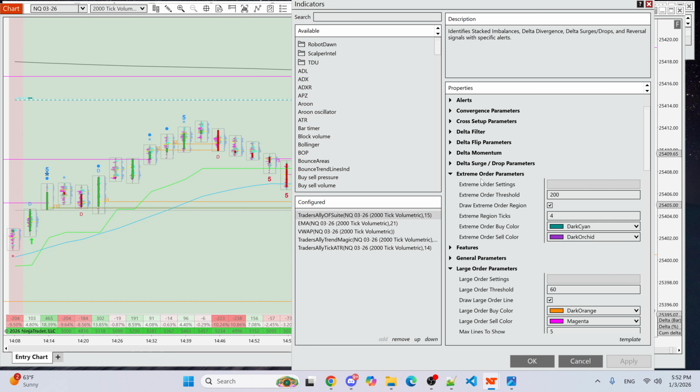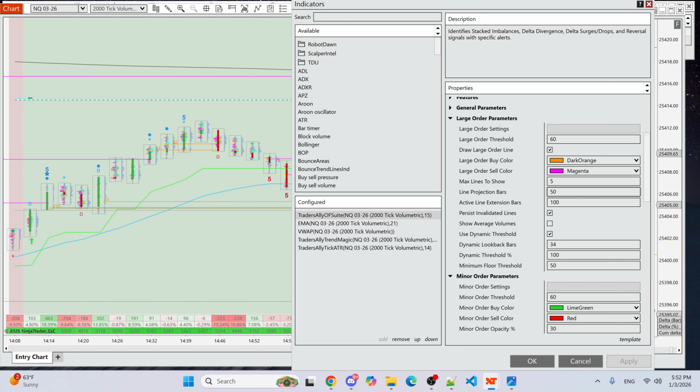So the extreme order represents an extreme large order, just somebody who is basically more than a large order. And for us to know this, it would be with the star sign, and you see it's 210 and our threshold is 200, so that's why it showed there.